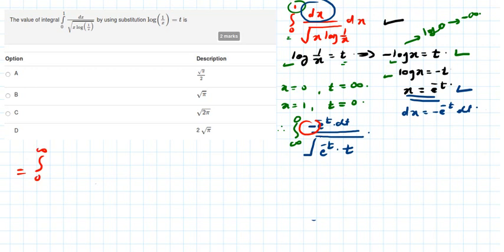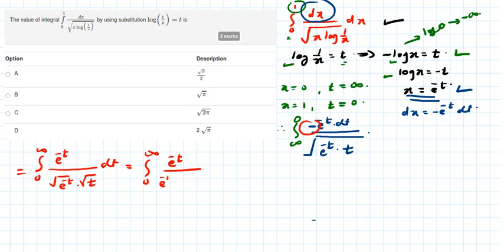e raised to minus t upon, I can write this as, under root e raised to minus t into under root t dt. So this will again be integration 0 to infinity e raised to minus t upon (e raised to minus t) raised to 1 by 2 into t raised to 1 by 2 dt.